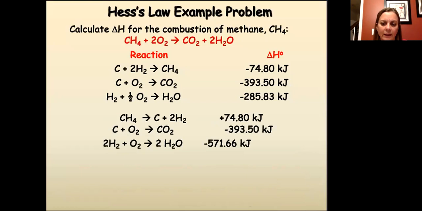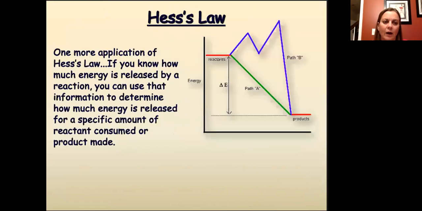All right, and the last application is that if we know how much energy is released by a reaction, we can use that information to determine how much energy is released for a specific amount of reactant consumed or product made. So this really is just another application of stoichiometry.